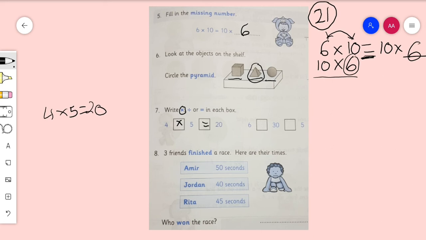Now let's do 6 something 30 something 5. Let's try times here. 6 times 30 makes a bigger number when you times, so it can't be 5, because 5 is a smaller number.